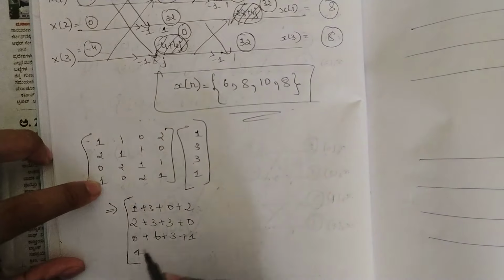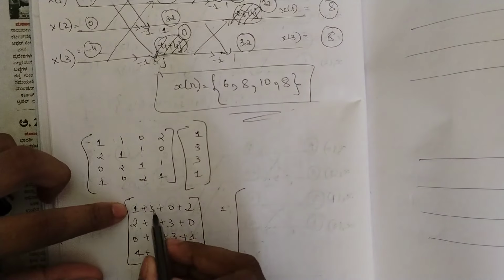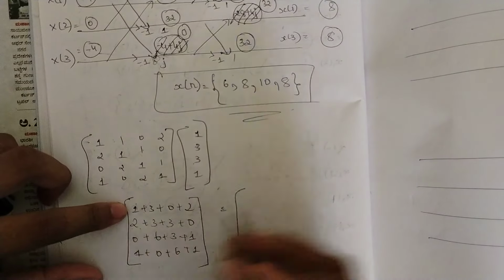Then we have 1 0 6 1, right? The answer is 3 plus 2, 5, plus 1 is 6. 3 plus 3, 6, plus 2 is 8. 6 plus 3, 9, plus 1, 10. 6 plus 1 plus 1, 8. So here we can see that these two answers are the same, matching, right?